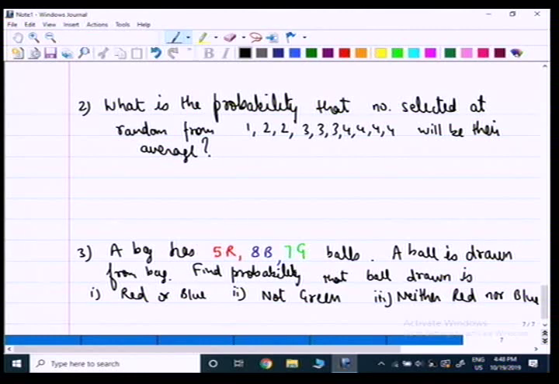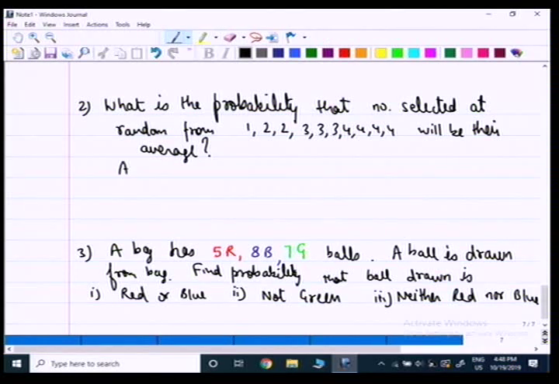The first question. We have to find the probability that a number selected at random from this group of numbers will be their average. Total 10 numbers are there, and we have to find the average of these numbers. You know how to find the average: sum of all numbers divided by the number of numbers.